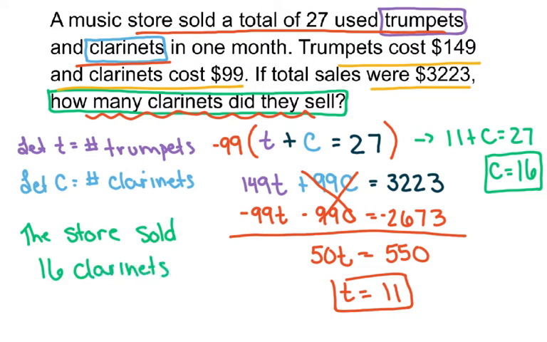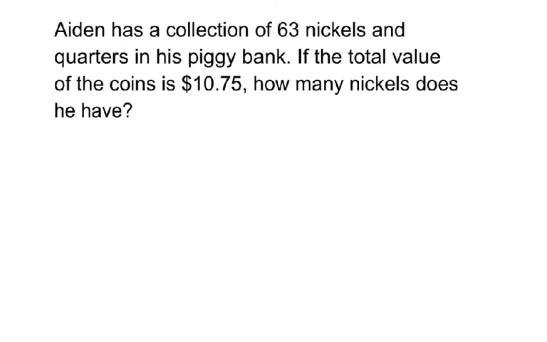So always make sure you go back and answer that question. You're going to notice that when I'm solving a word problem, I highlight and scribble through it so much. It's a good idea to do that as well.